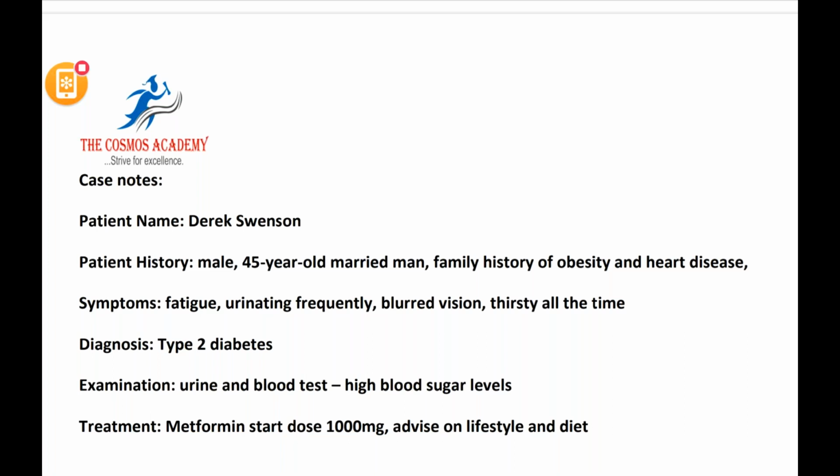Symptoms, fatigue, urinating frequently, and blurred vision, thirsty all the time. Diagnosis, type 2 diabetes, examination is this, treatment is this. So I'm giving you all 2 minutes and you are going to make simple sentence from this, compound sentence and complex sentence. Are you ready now?